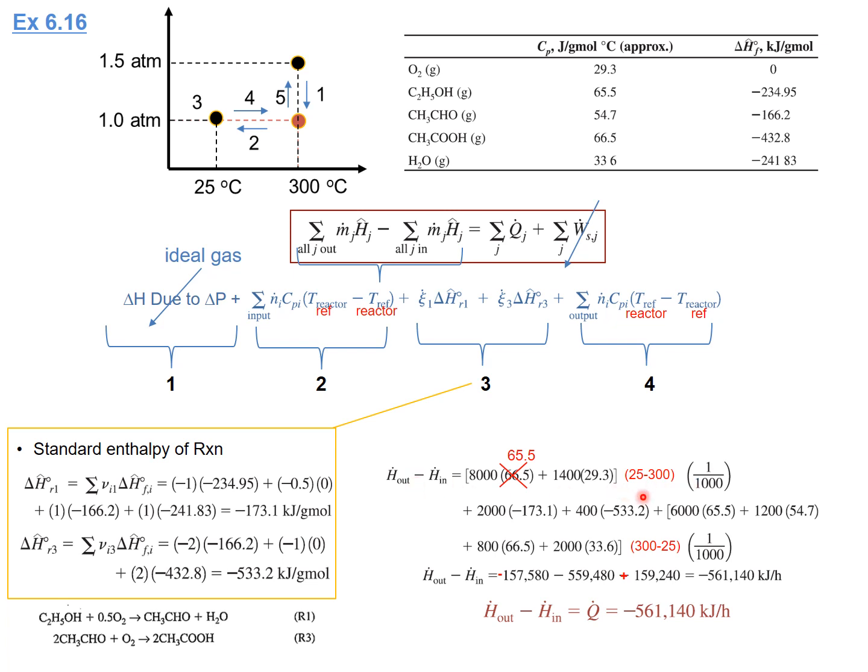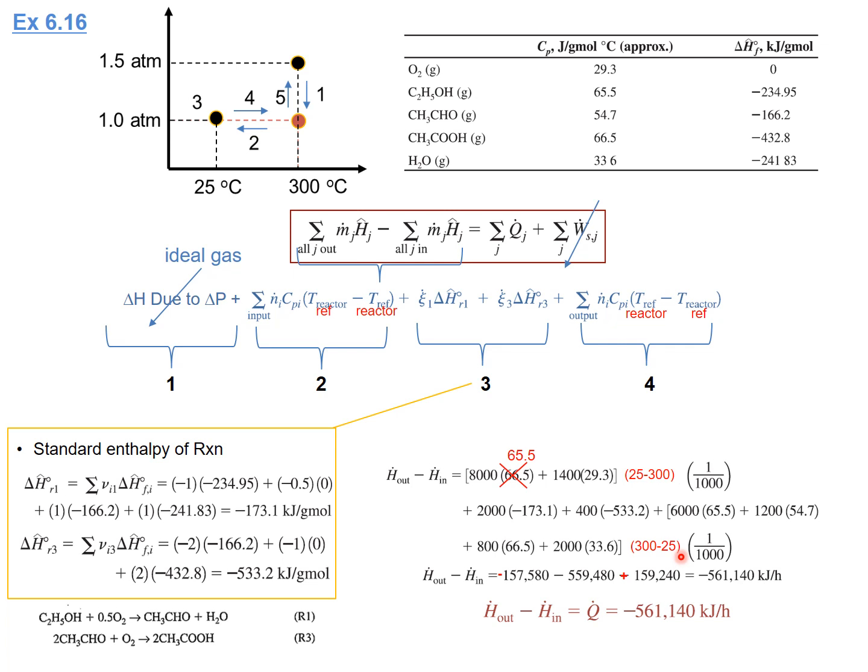Something like that for the second step. And how about the third step? Those two things. And this is for output. In the output stream we have 1, 2, 3, 4 compounds there. And for step 4, 300 minus 25, because we go from 25 to 300.